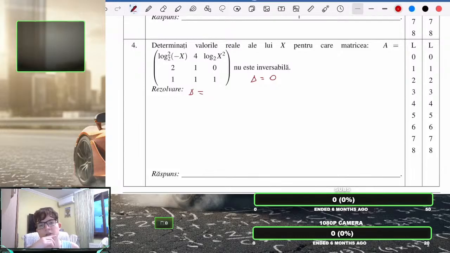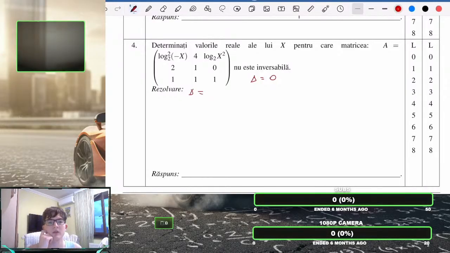And using this fact, I just now solve this determinant, right? It has this kind of tricky log base 2, but I guess I can get it.